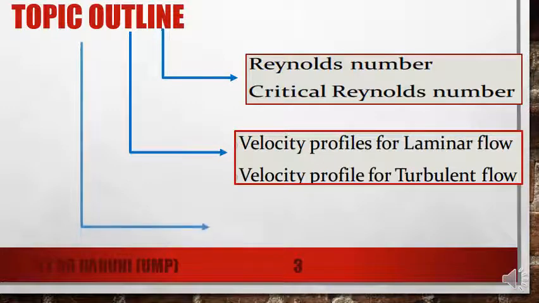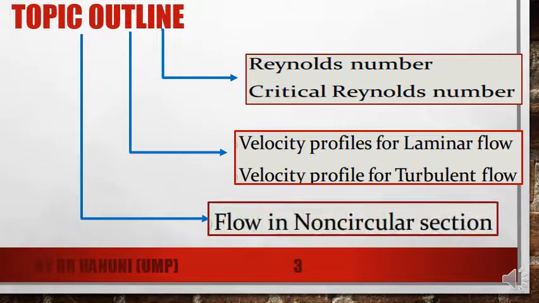The last part is we will learn how to determine the Reynolds number in a non-circular section. This one is quite different from the first one, because the first one focuses on the round pipe, but the third one is only for non-circular sections.